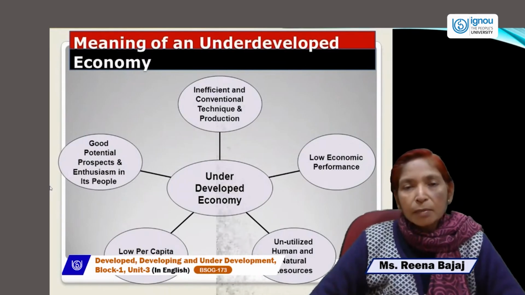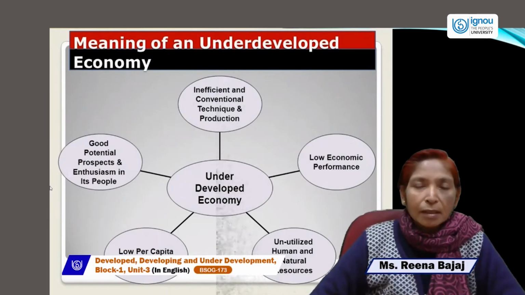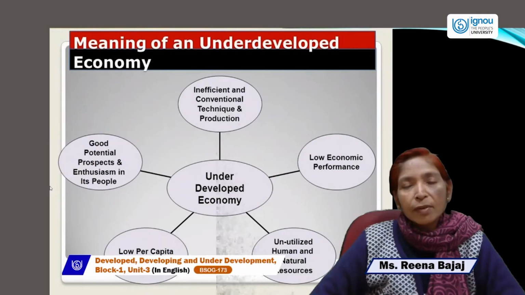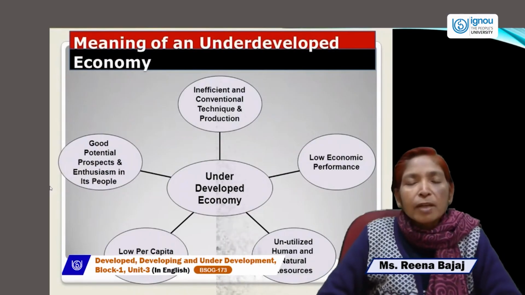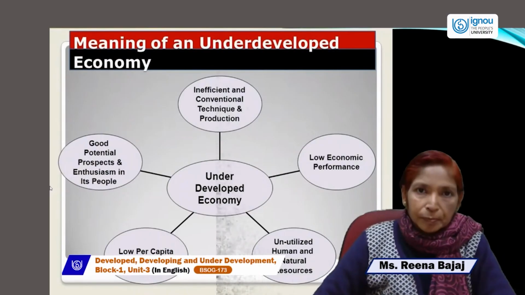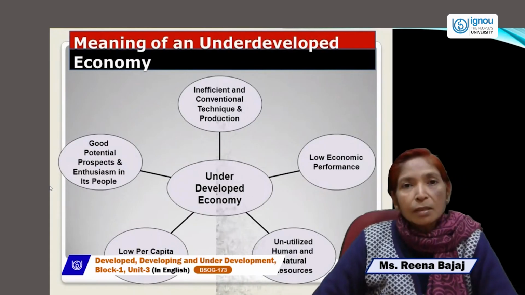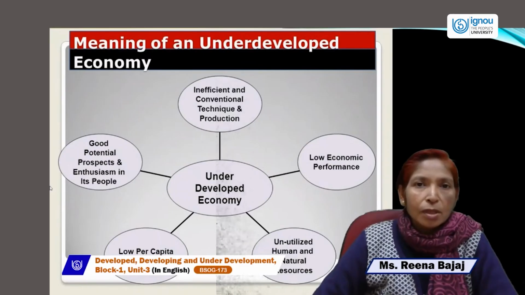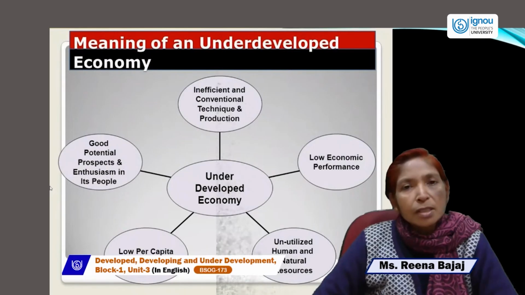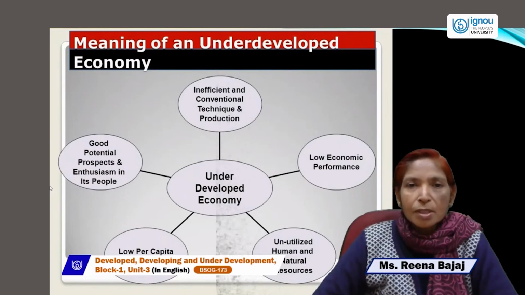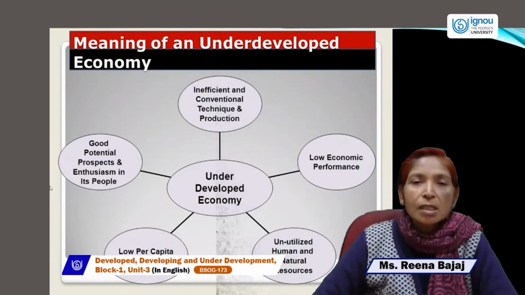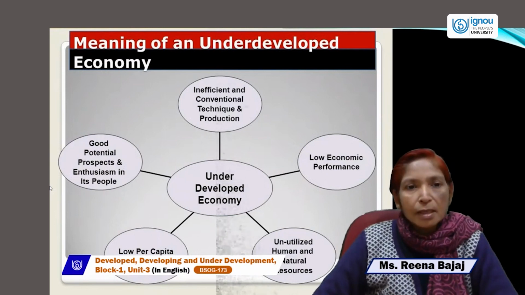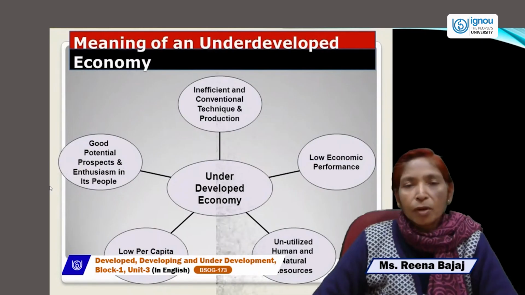If per capita income is lower, then saving capacity will be lower, and if saving is lower, then investment will also remain lower. And if investment is lower, then how can the economy use modern and advanced technologies for the production of goods and services? So these economies always use inefficient and conventional methods and technologies.